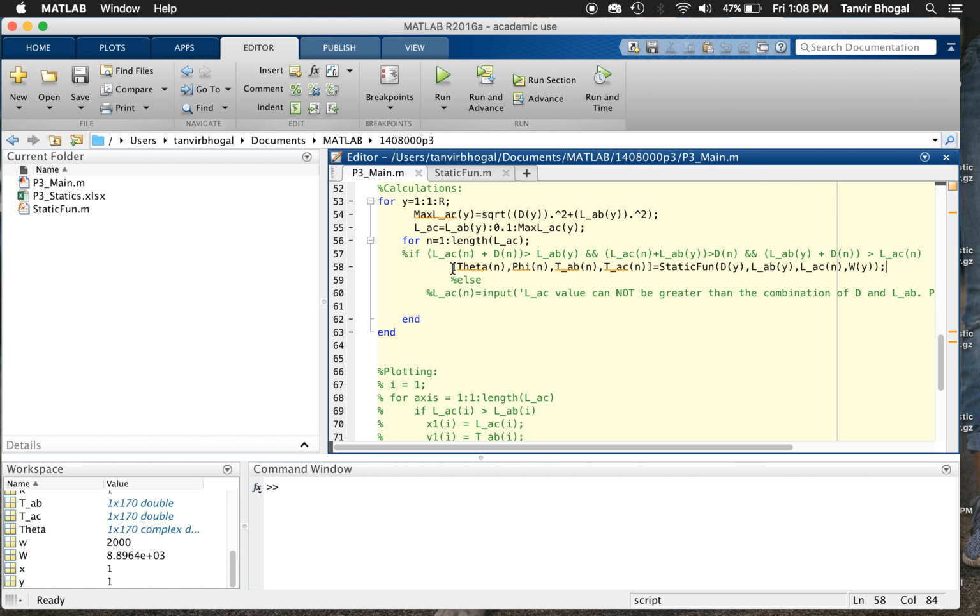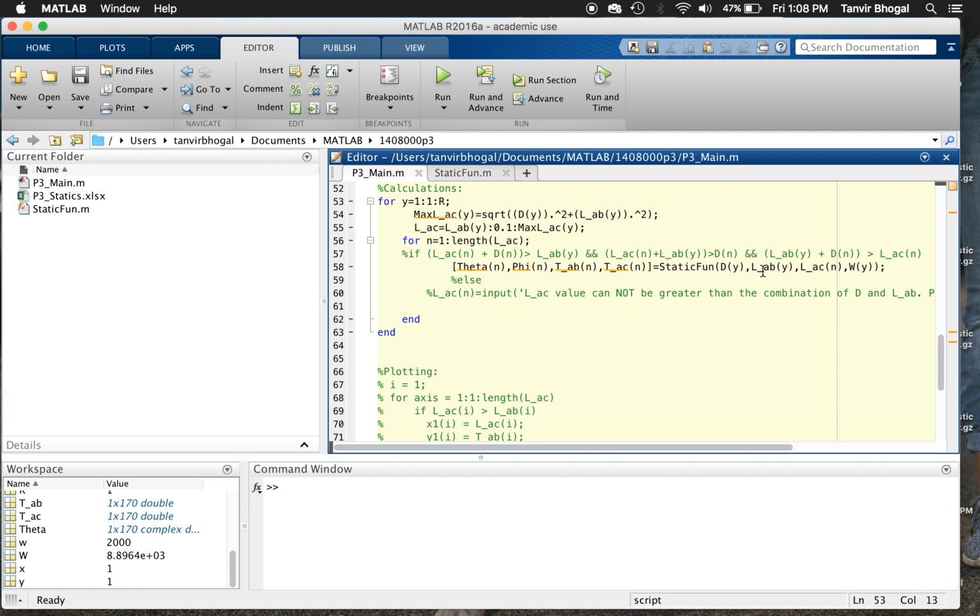All of our outputs in our function here are because we needed to create an array, we used n, because we wanted to make sure that they are running for every single value of LAC, whereas every single one of our inputs here we used y, which is the counter defined in the outer loop, because we want to make sure that they stop after each row of our original Excel file.